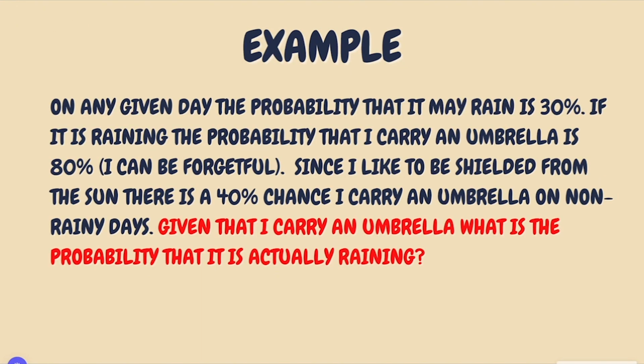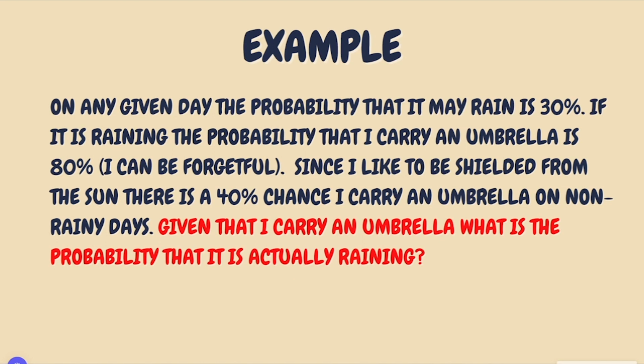So let's look at an example. On any given day, the probability that it may rain is 30%. This is prior knowledge that I already have. If it is raining, so given that it is raining, the probability that I carry an umbrella is 80%.